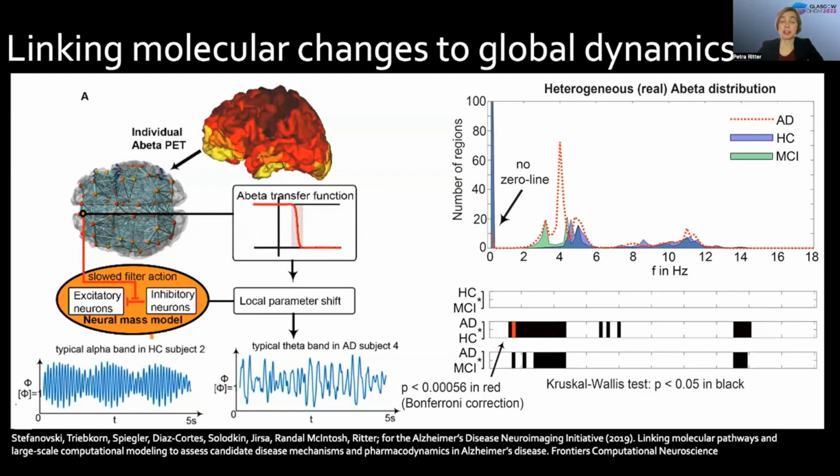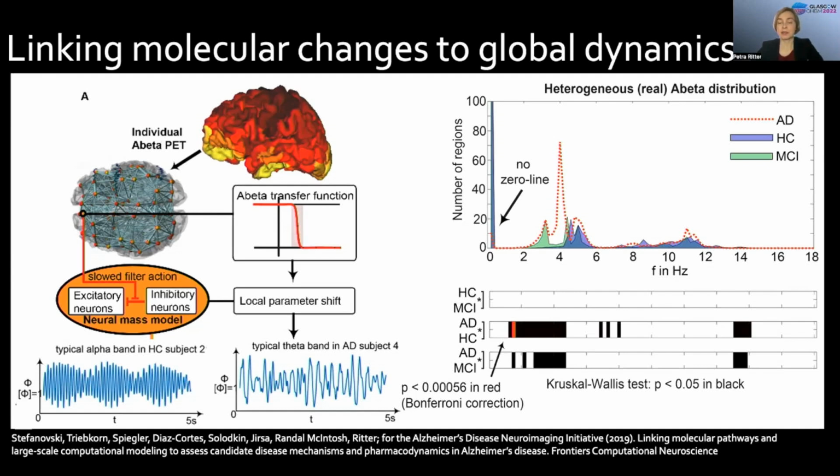But here in this study, we use it to alter in each single brain region the excitability parameter of the local model. And this assumption is based on cellular studies that show impaired function of inhibitory interneurons in the vicinity of amyloid beta.